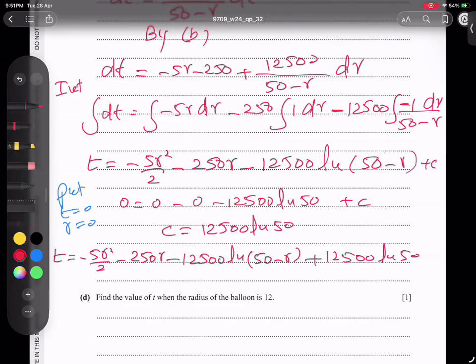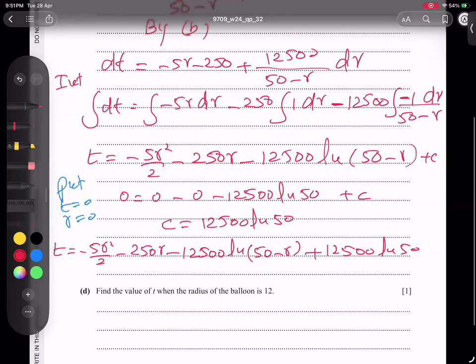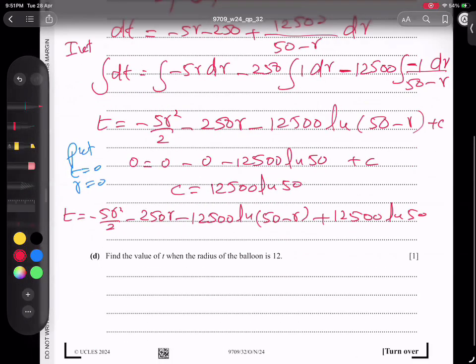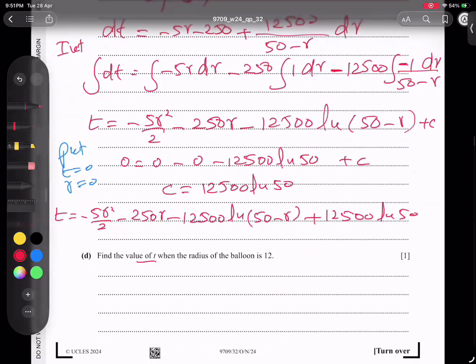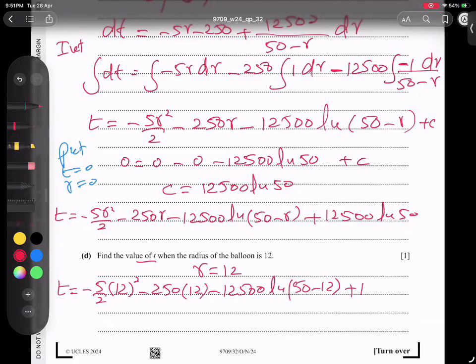And after this, what is the next plan, students? He said to find the T value when the radius is 12. So replace every R by 12. When I put 12, what is going to happen? -5 over 2, 12 to power 2, 250 into 12, minus 12500 logarithm of 50 minus 12, plus 12500 log of 50.